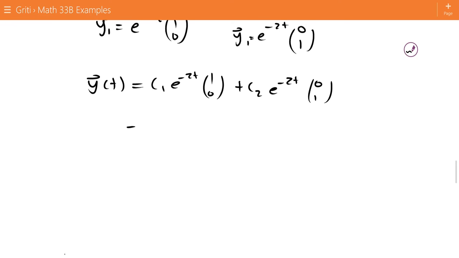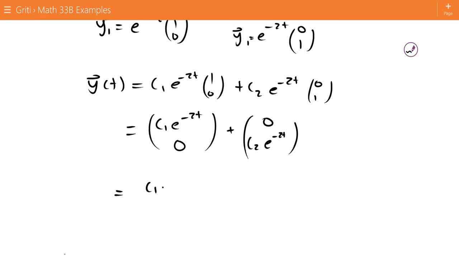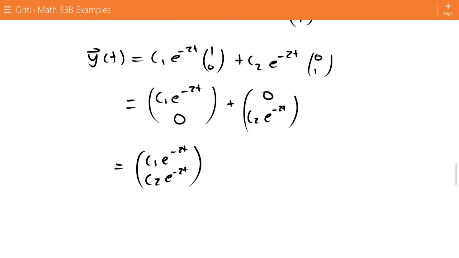First I'm going to simplify this a bit. I'm going to write this as c1 e to the -2t, 0, plus 0, c2 e to the -2t. Or in other words, c1 e to the -2t and c2 e to the -2t. So this is y(t).